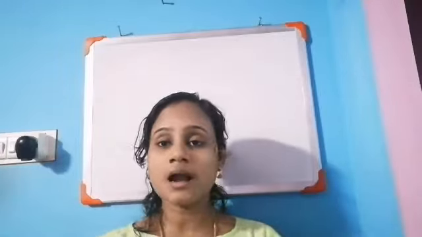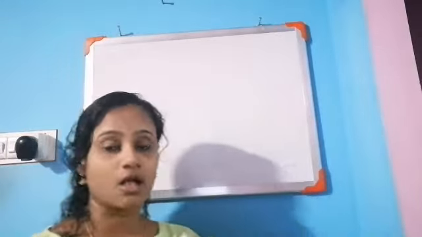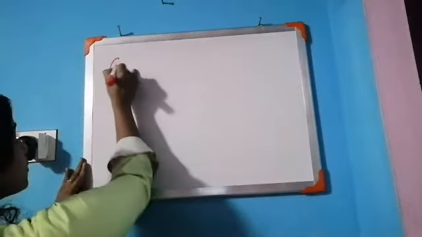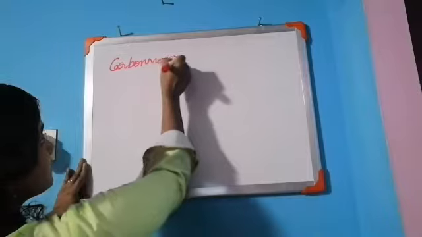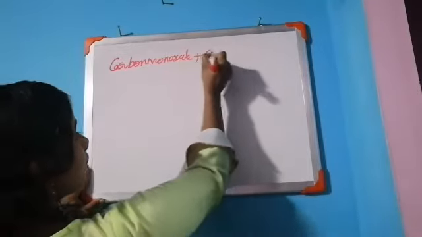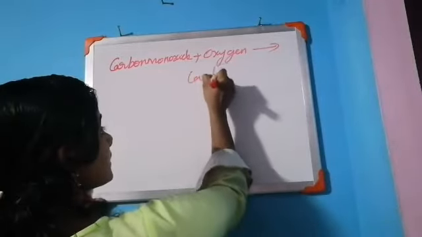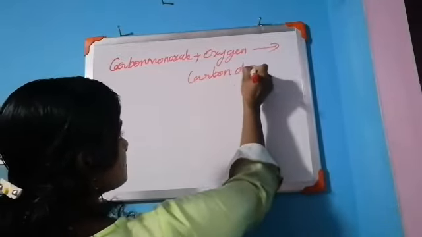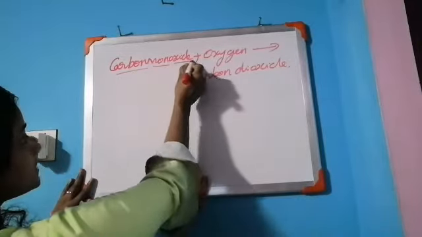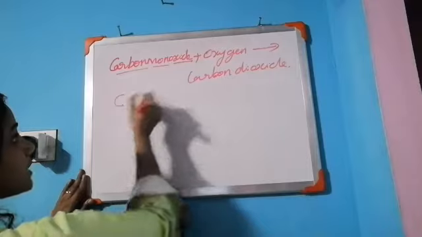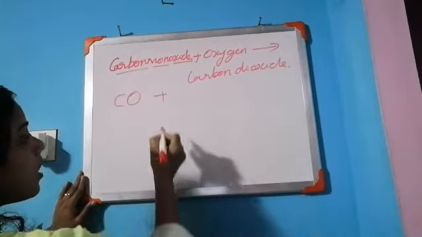Next example: carbon monoxide reacts with oxygen to form carbon dioxide. Carbon monoxide is carbon, symbol C, and monoxide means one oxygen, so CO, plus oxygen.